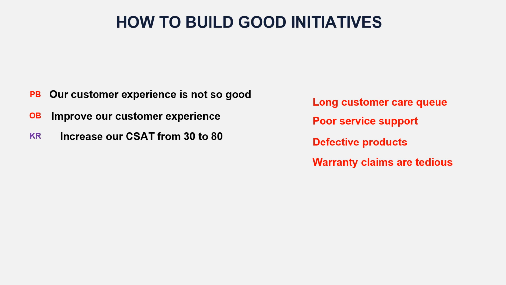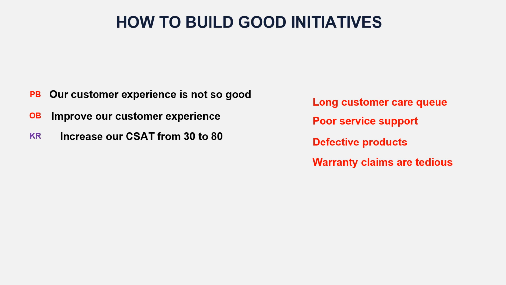Defective products supplied by the organization, or the organization's warranty claims are very tedious, where the customers are not able to get their claims for the defective products. So these are all the probable root causes which is causing their customers not feeling so happy.